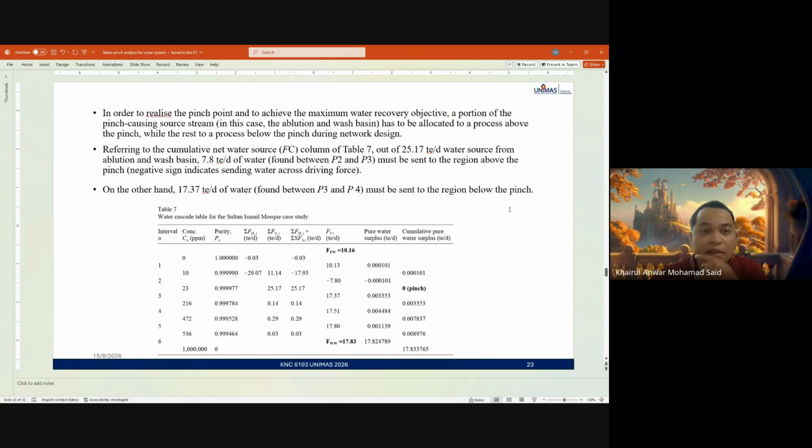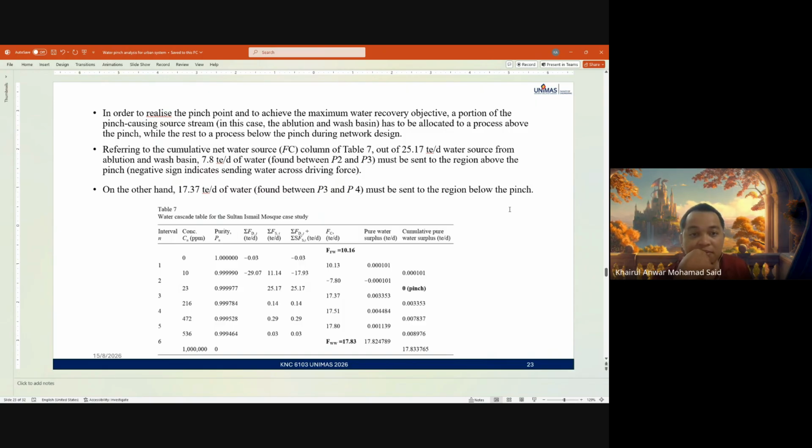In order to realize the pinch point and to achieve the maximum water recovery, a portion of the pinch closing source stream, in this case the ablution and wash basin, has to be allocated to a process above the pinch, while the rest goes to a process below the pinch. Why these two? Because the pinch occurs at 23 ppm.